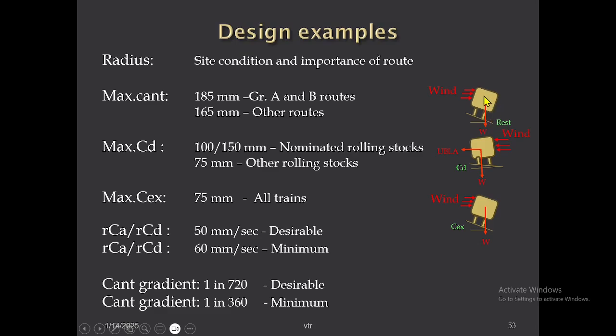Also, when there is a heavy wind force on the unfavorable side, blowing towards the inside of the curve, the condition becomes worse, and there is a chance of overturning with respect to the inner rail when the cant we provide exceeds the limit.